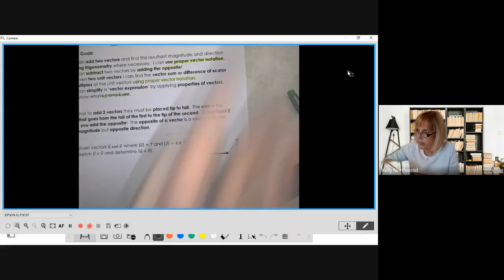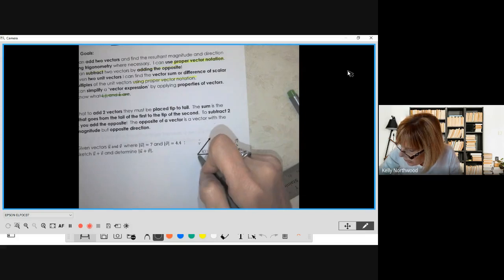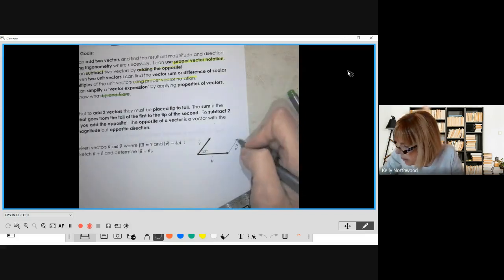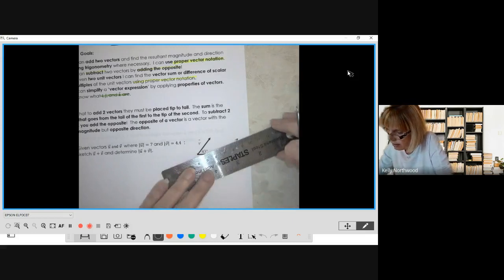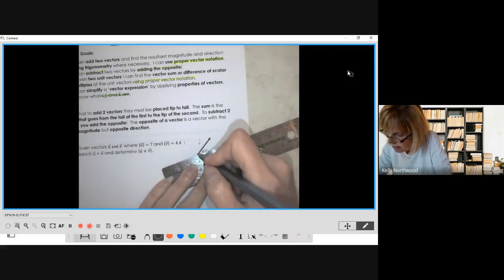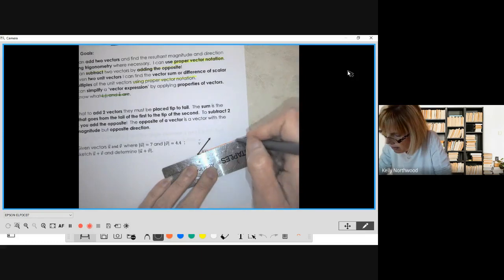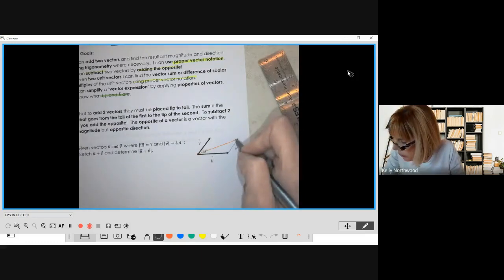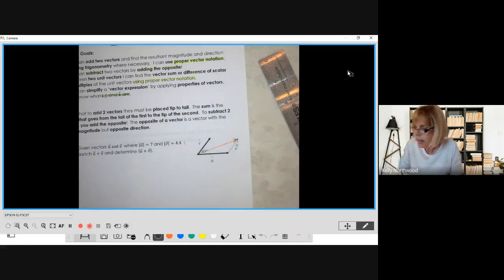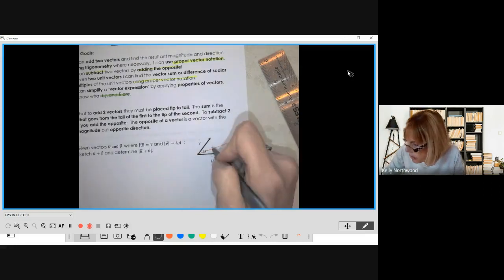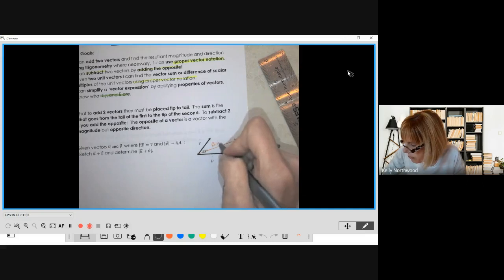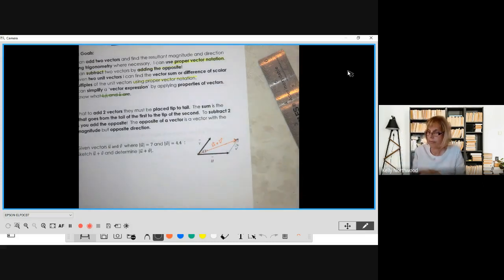And then vector u plus v is going to have its tail at the tail of u and its tip at the tip of vector v. And then I'm going to make sure I have arrows on all of my vectors, and label this vector u plus v.